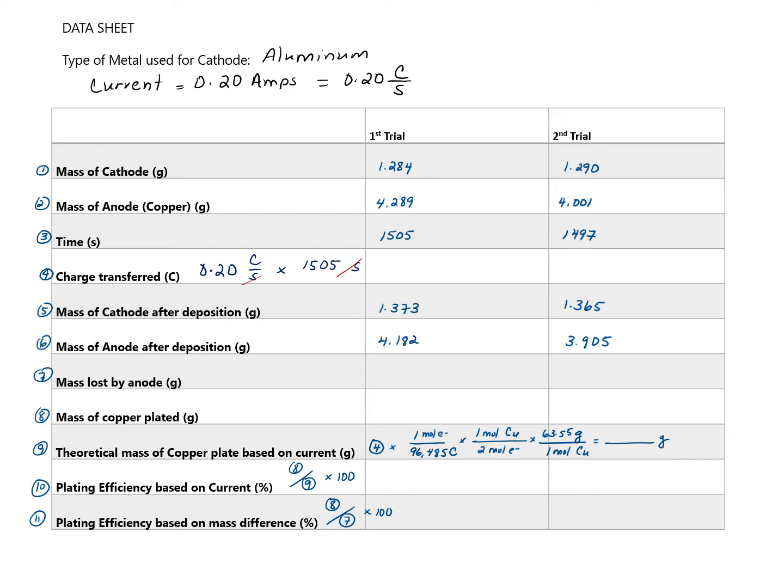For the mass lost by the anode, your mass of the anode initially is what you have in number 2, and then after the experiment is what you have in number 6. The difference between those two numbers is going to tell you how much copper is being lost by the anode, which is your piece of copper metal.